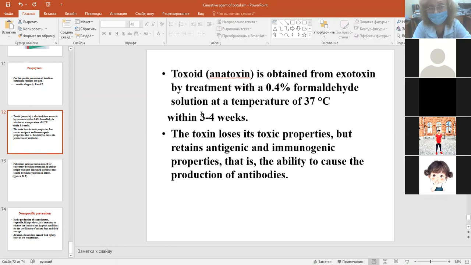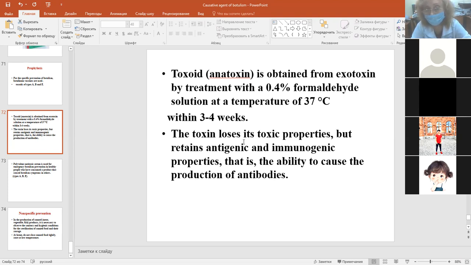During these weeks, formaldehyde blocks toxic centers of this protein, and we get the same protein with the same antigenic structure, but without toxic properties. It has very mild toxic properties, and no side effects are really developed, but sometimes they are. So what does immunogenic properties mean?